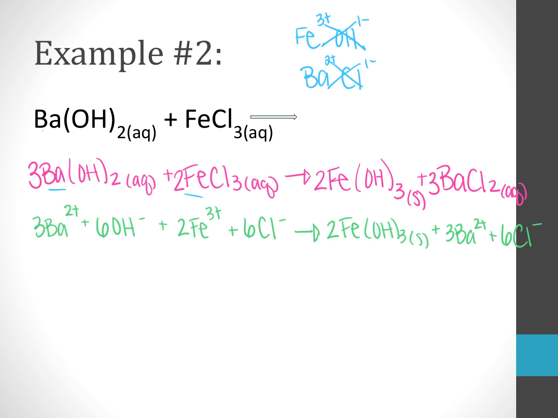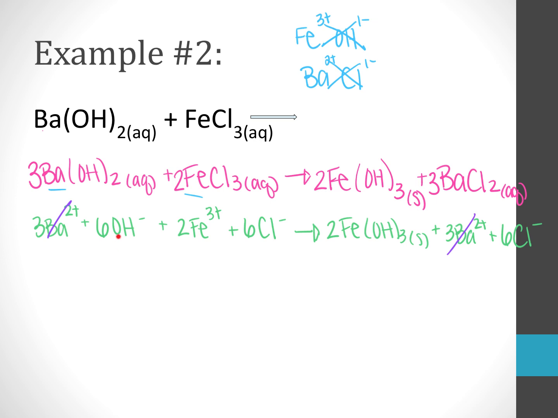So like if we could see these little ions floating in solution, this is what we would actually see. And then we really want the net ionic, so what's actually reacting. So our next step is to cancel out those spectators. So on the left side, we have 3 bariums with a +2 charge. On the right, we also have 3 bariums with a +2 charge. Do those look identical? Okay, so if they're identical, we're just going to cross them out.